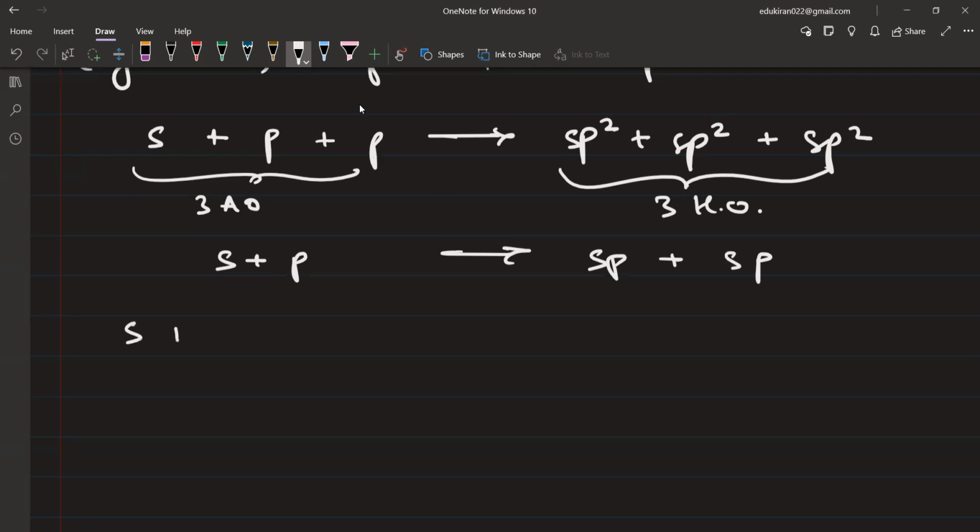Similarly, if I have one s plus p and another p, then what will be that? The name and how many orbitals. Write it similarly, okay?